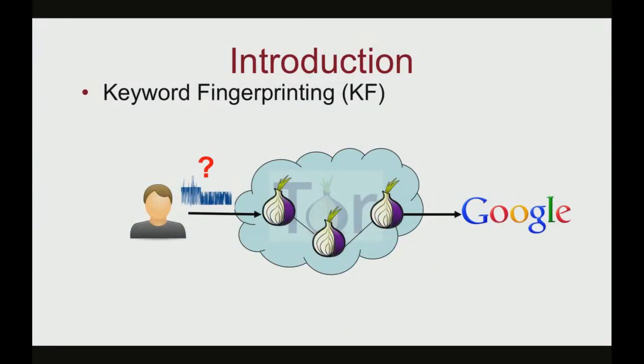Here, Google. Is the same passive adversary still able to infer the search query traces, which eventually leak the information on what keyword the user typed? Our goal here is to extend the existing website fingerprinting techniques for keyword fingerprinting, and to study the feasibility of it in different experimental settings.